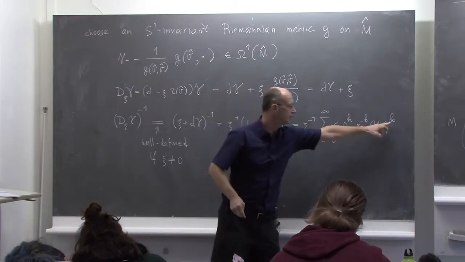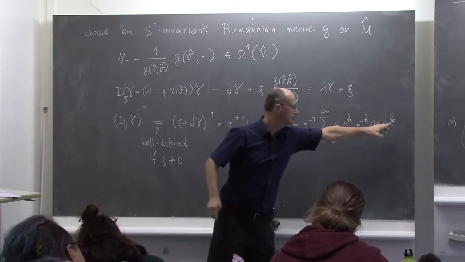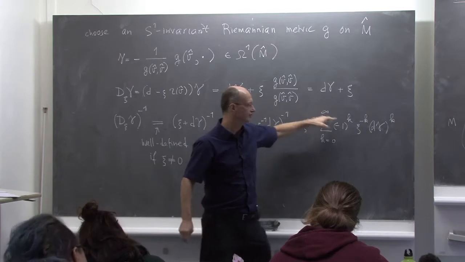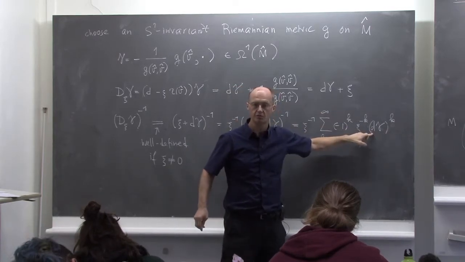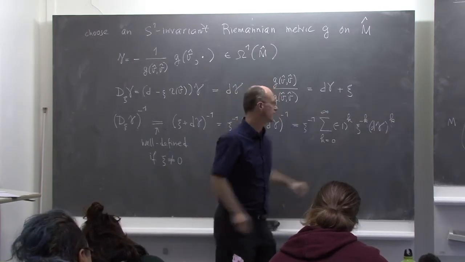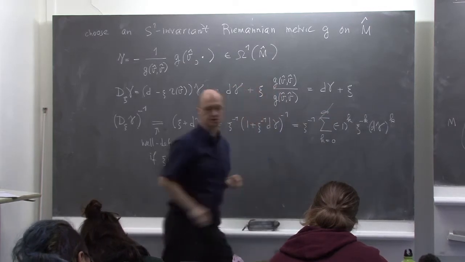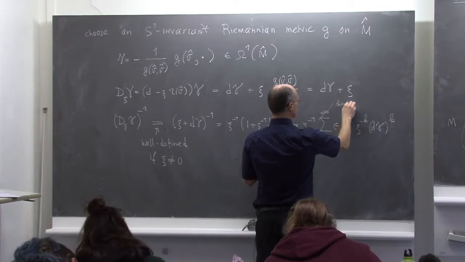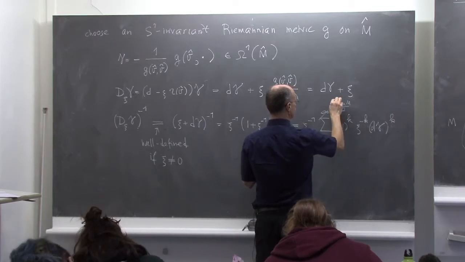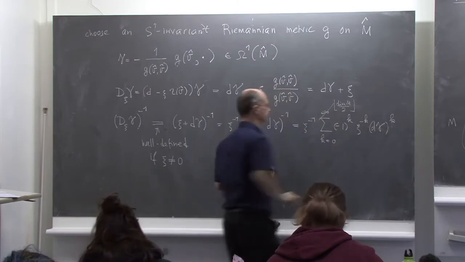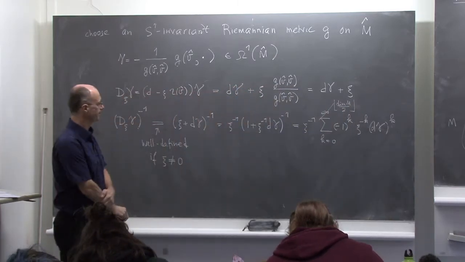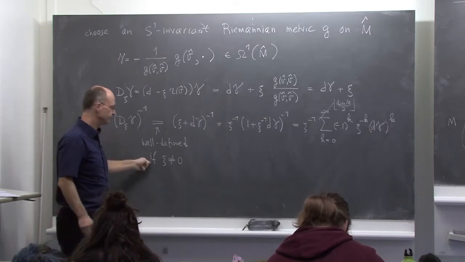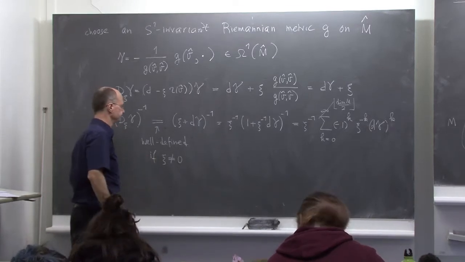So in fact this sum will also be finite, right? It will not be an infinite sum because dγ is a two-form. So this means that actually this is a finite sum up to dimension m over 2, whatever the integral part. Right. So this is a well-defined differential form if ψ is non-vanishing.